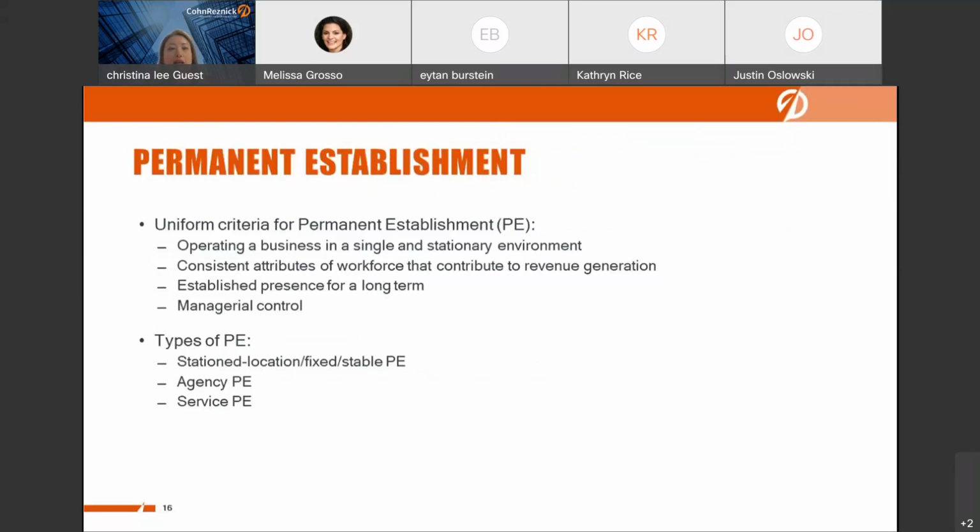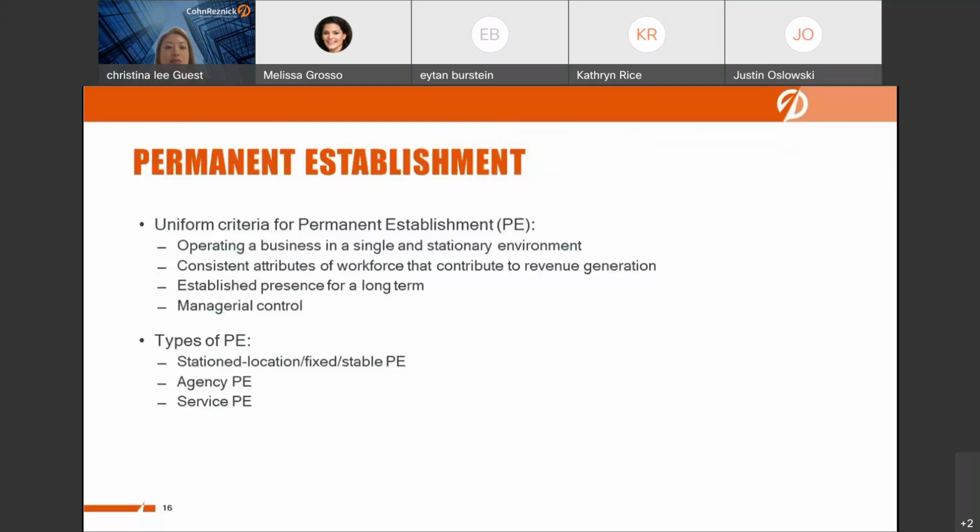So how can a company create a PE in a foreign jurisdiction? The key is a fixed physical presence through which the business is conducted. We can say that the most common types of PE would be, first, a fixed location PE, which is very basic.